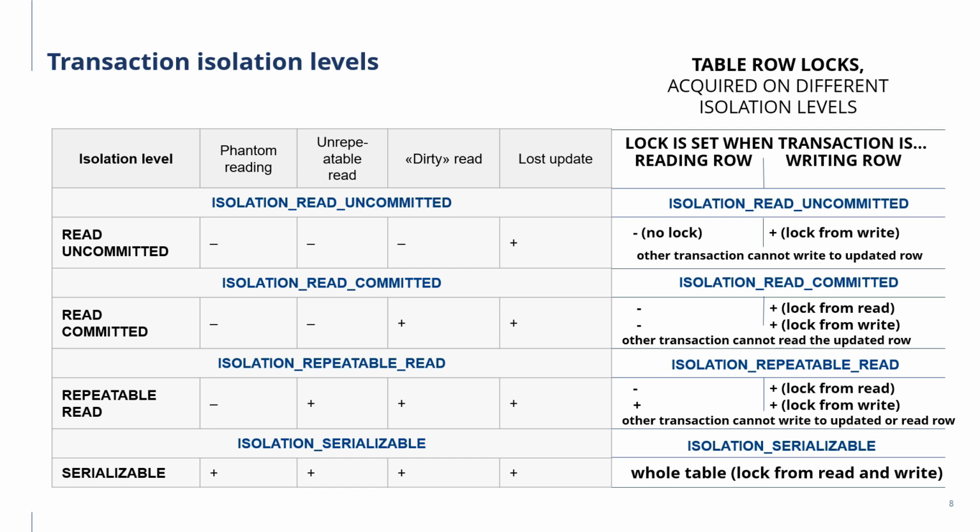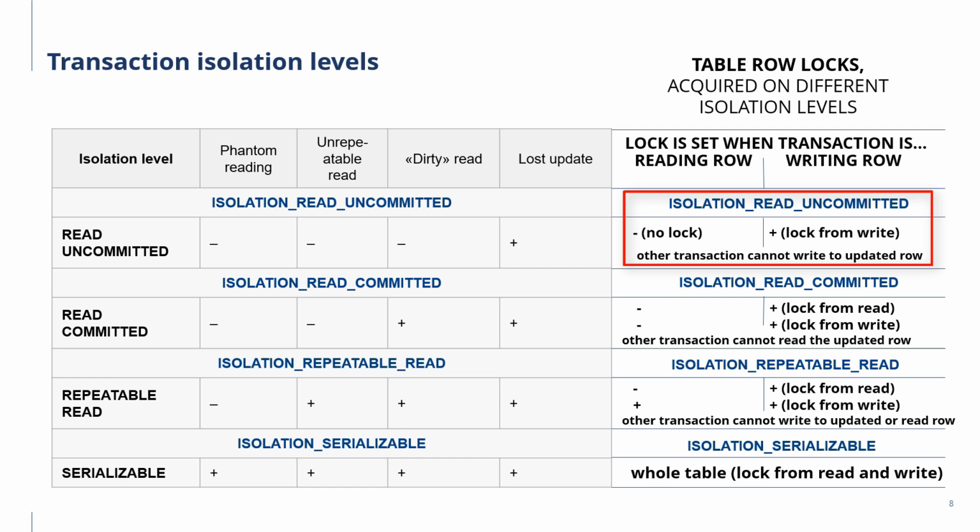So if transaction number 1 has isolation level read uncommitted, as for our first row here, what are we saying here? So if it is doing a reading, there is no lock. So both transactions can read freely. If, however, my transaction number 1 is writing, the second transaction is locked, but only from writing.